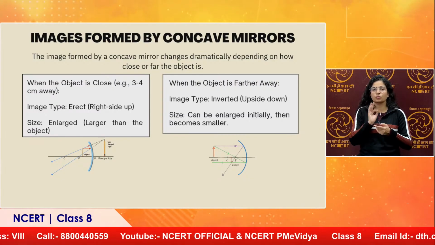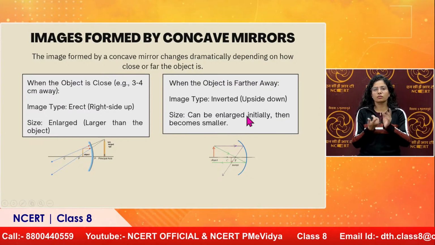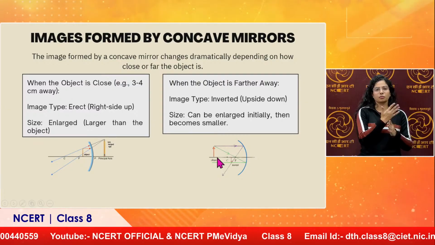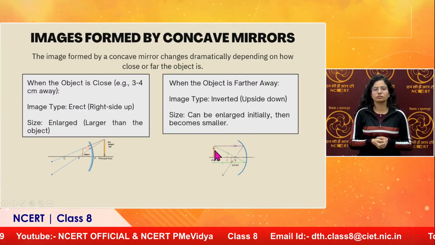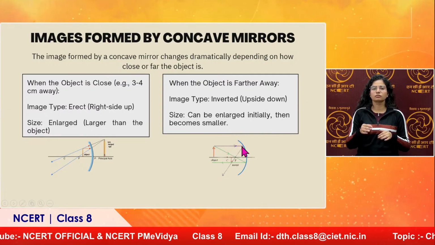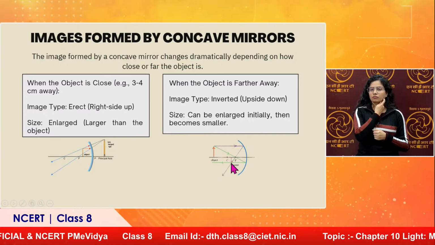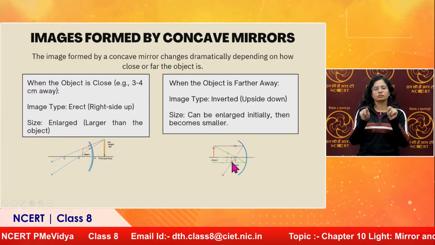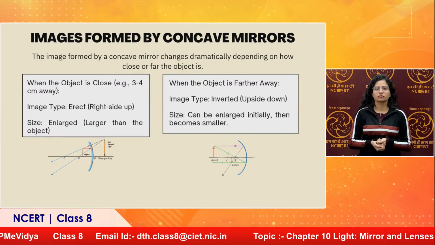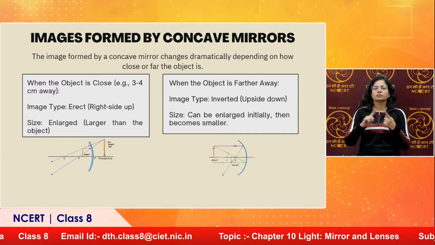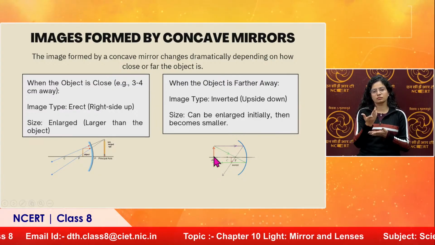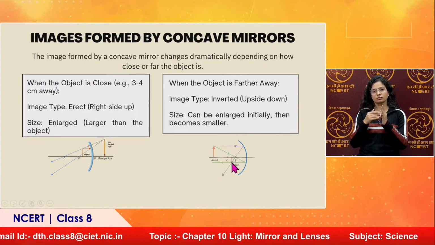Now the other case, if the object is far: the light rays come, hit and get converged. The image is formed right here, and this image is inverted. Now just see the size of the object and the size of the image.